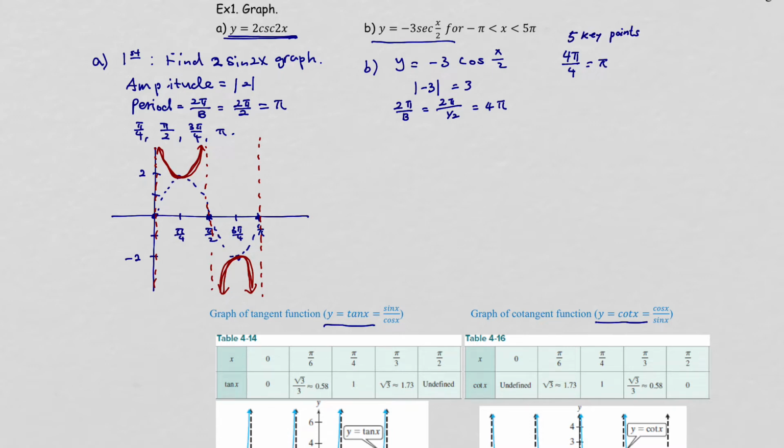When you add pi to it, that gives you 2 pi. Starting from 0, it will be 0, pi, 2 pi, and then keep adding pi, which gives you 3 pi and 4 pi. So when you graph, it will be pi, 2 pi, 3 pi, 4 pi.